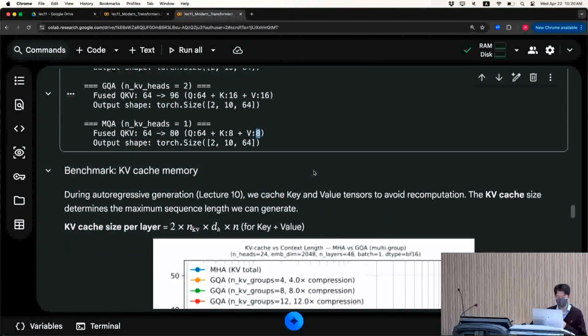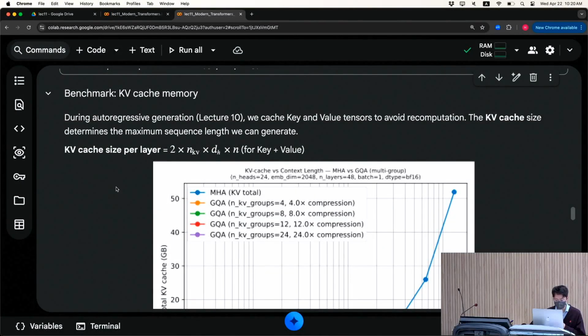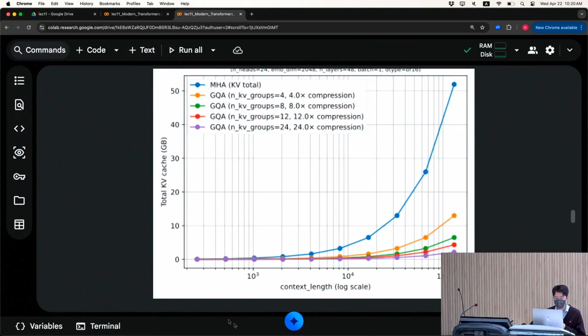All right, so next cell is going to showcase how much KB cache size can be decreased with these techniques. So x-axis here is the context length, or the sequence length in log scale. Y-axis is the total KB cache size in gigabytes.